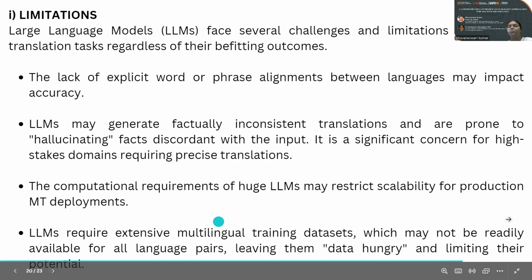Then the computational requirements are also huge when it comes to LLMs. This may restrict the scalability for production machine translation deployments. And then LLMs require extensive multilingual training data sets, which are not actually available for low resource language pairs, and this makes them data hungry and limits their potential.